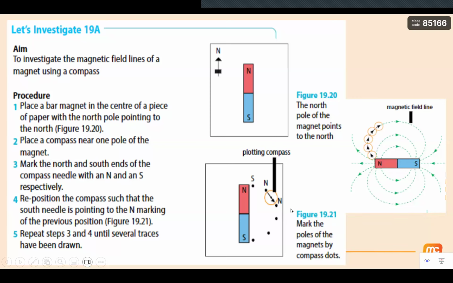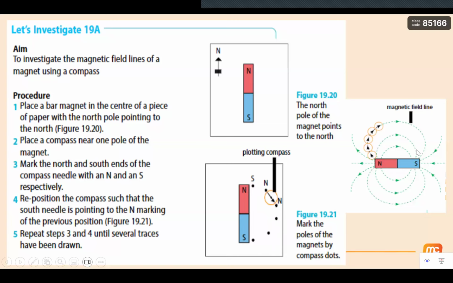By doing that, we continue to reposition the compass needle all the way until it reaches the other end of the magnet. Then we can draw a line to join all the north and south points. This line is the magnetic field line of the magnet.